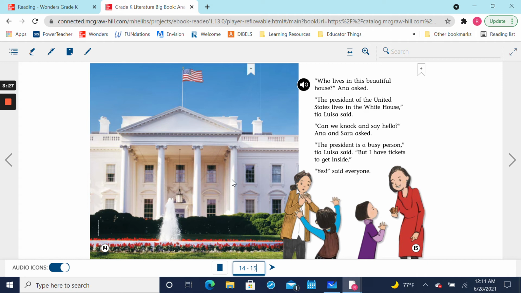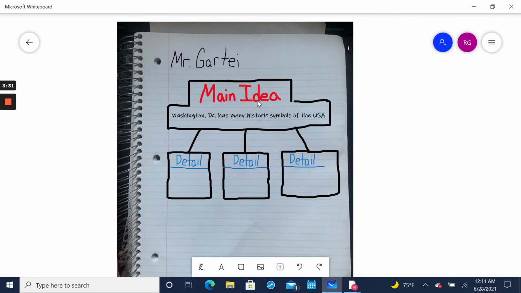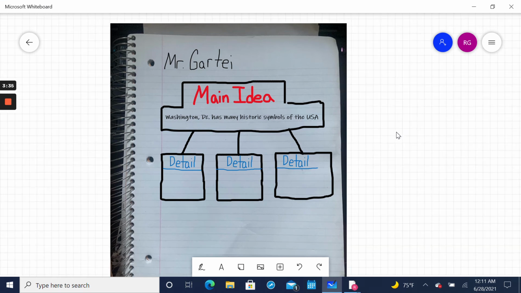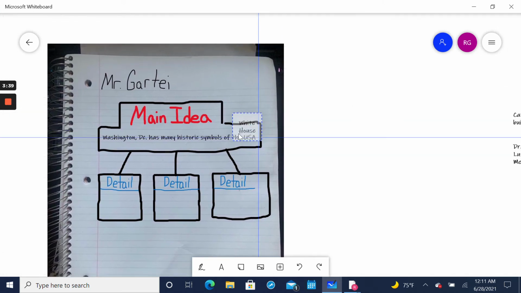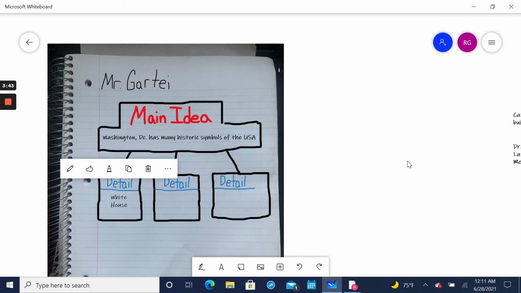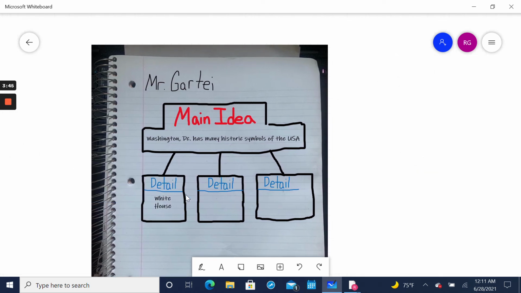And so one of our key details, one of our historic symbols that we have covered in this book, is the White House. So we can add White House to our first detail. That is one of the first places that they visited. Now, there may have been some other places that they saw before that, but this is one of the details that we are going to put into our chart.